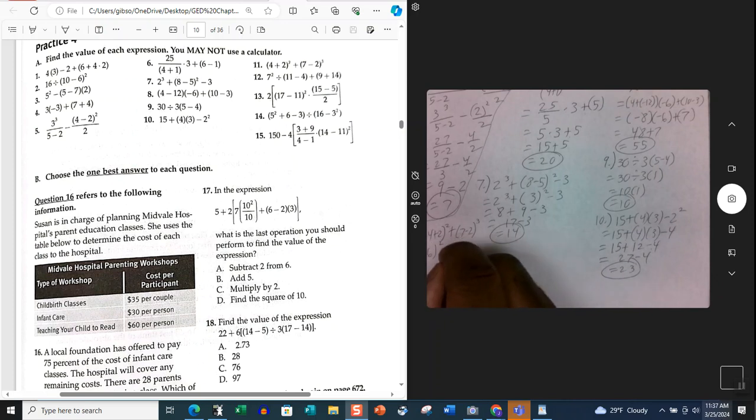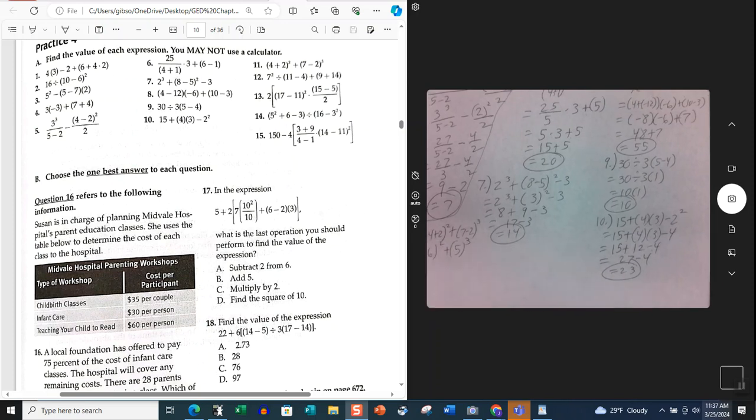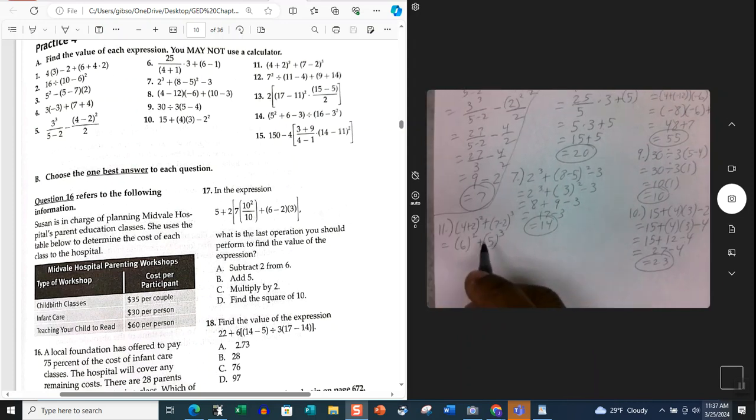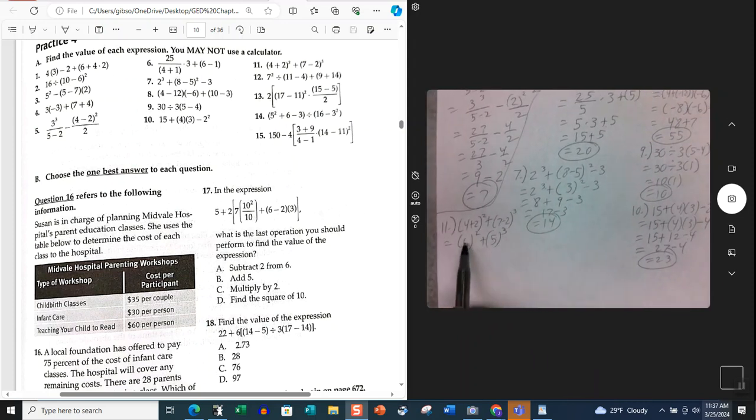Plus 7 minus 2 is 5, and that's cubed. Now we're left with exponents and addition. So we do the exponent. So this will be 36 plus 5 to the third is 125. 36 plus 125 is 161.